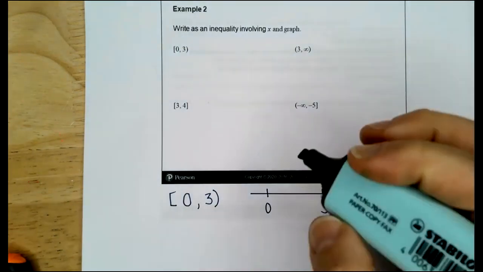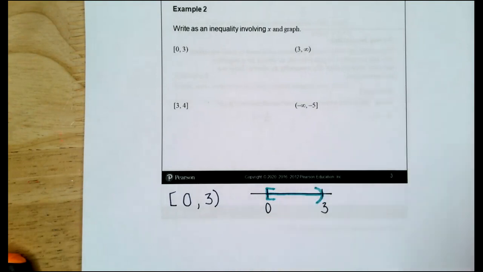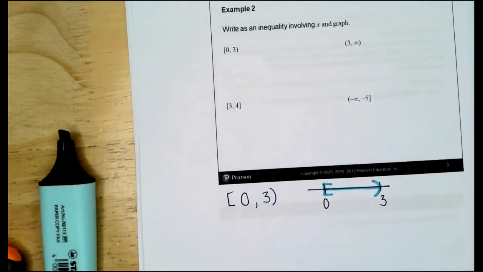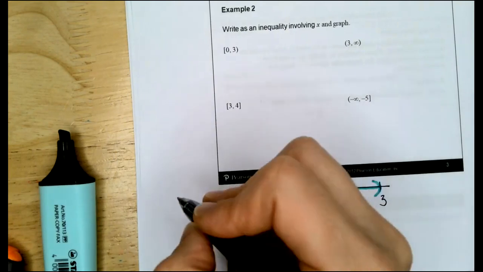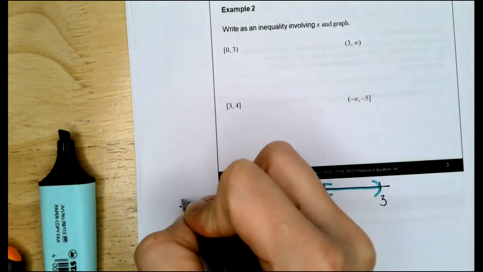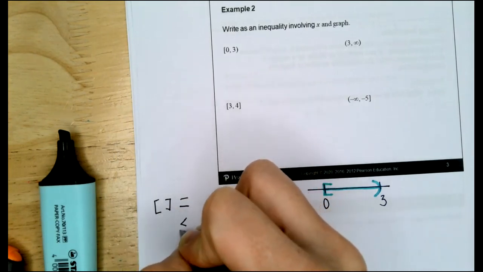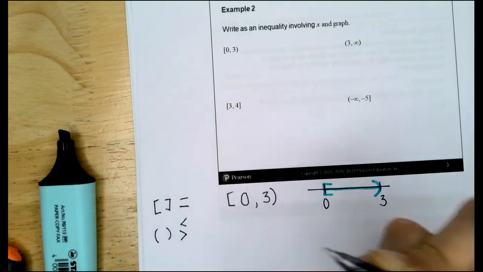My graph is going to start at 0 with a bracket and go until 3 with a parenthesis because it doesn't include it. Then I'm just going to remember that if it has an equal sign, it'll have brackets, and if it doesn't have an equal sign, it'll have parentheses.